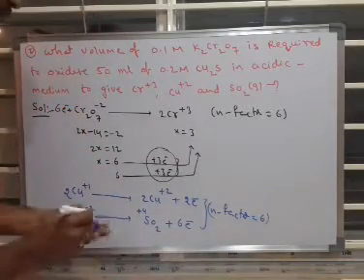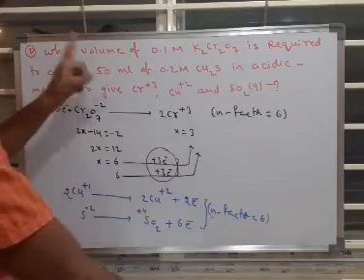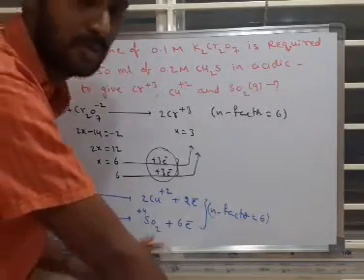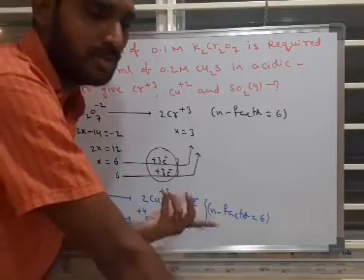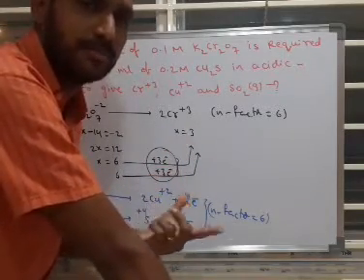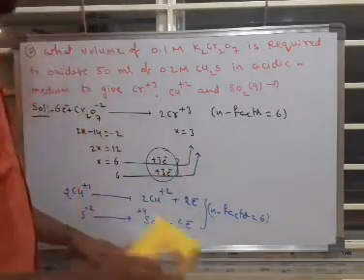So now, for the complete reaction, we need to find the volume. Molarity is given for both, and we have calculated the n factor. So first we find the volume. We have to equalize the milliequivalents of both compounds.